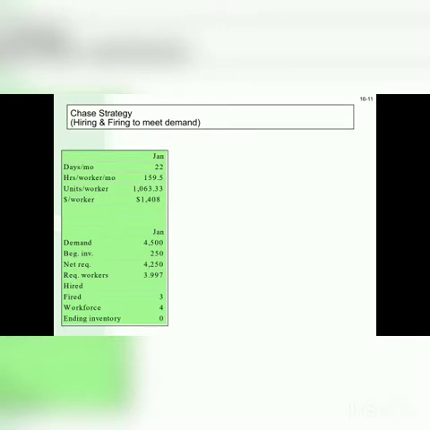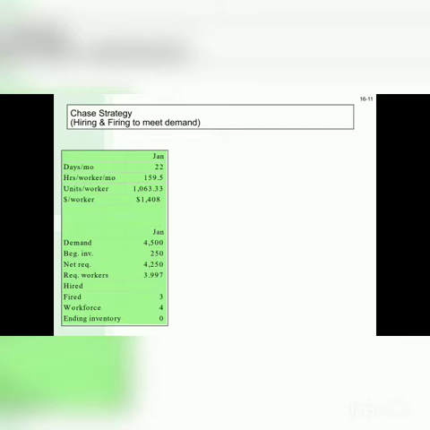Hours per worker are 159.5, units per worker 1063, dollar per worker is 1408, and demand as given in the problem is 4500, and the beginning inventory is given as 50 units.